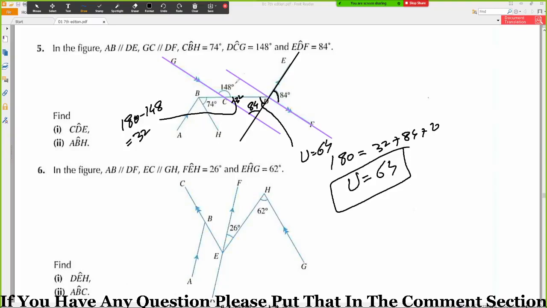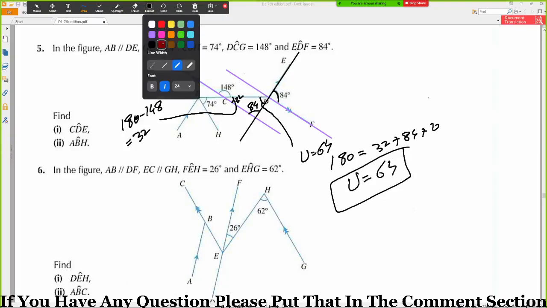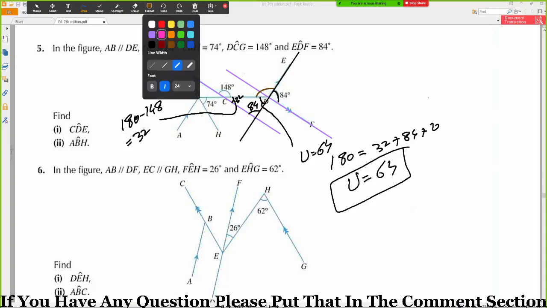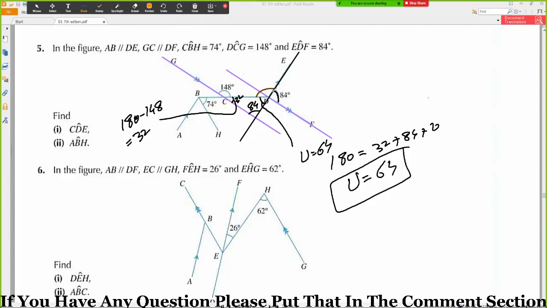Okay, we need to find this angle CDE. We need to find this angle. Okay, तो कंप्लीट एंगल कितना है? फुल एंगल इज 180 डिग्री. यहाँ पे देख लो, तो दिस एंगल इज इक्वल टू 180 डिग्री.